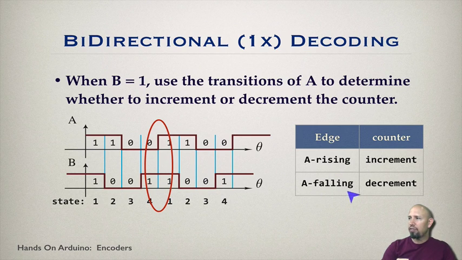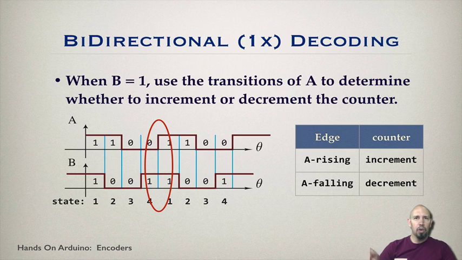But notice if A is falling, we're going to decrement our counter. Okay, so that's the difference with bidirectional decoding, is that we can decrement, not just increment, we can also decrement. Okay, so that's one way of keeping track of that decoding. Okay, so that's the 1x decoding.